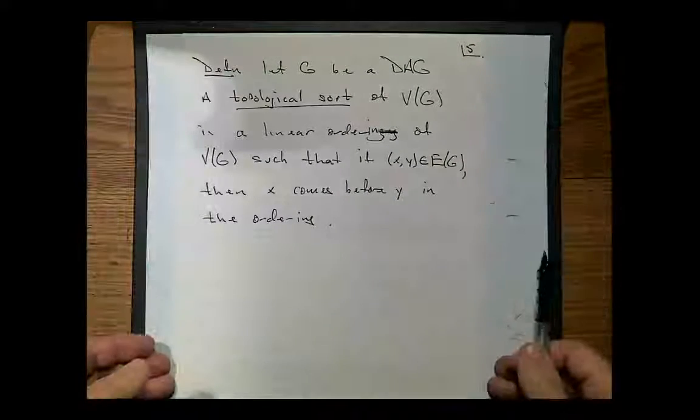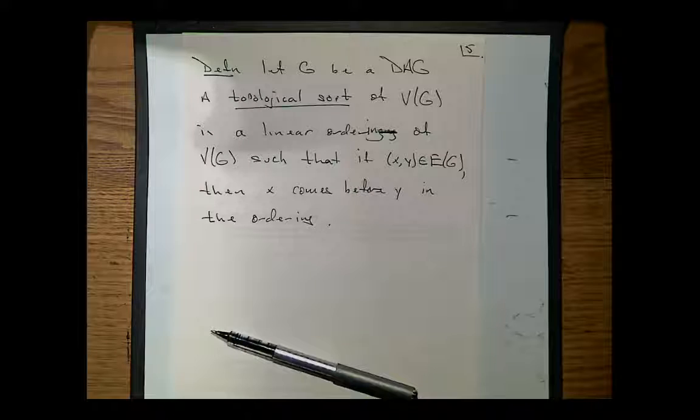Notice, first of all, that you can't do this in a directed graph that contains directed cycles, can you? Because if there's a directed cycle, how are you going to have all the edges go one way? You've got to get back to where you started from if you have a cycle. So this cannot happen if the digraph has a directed cycle. This could only happen in a DAG.